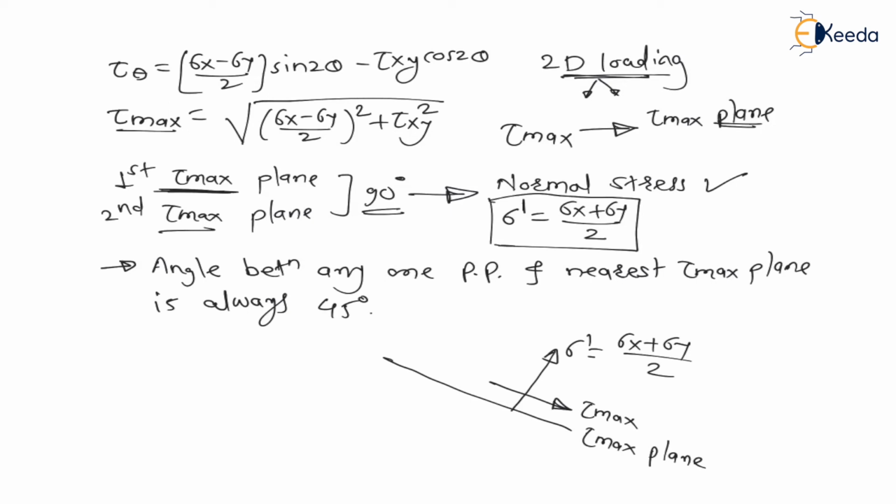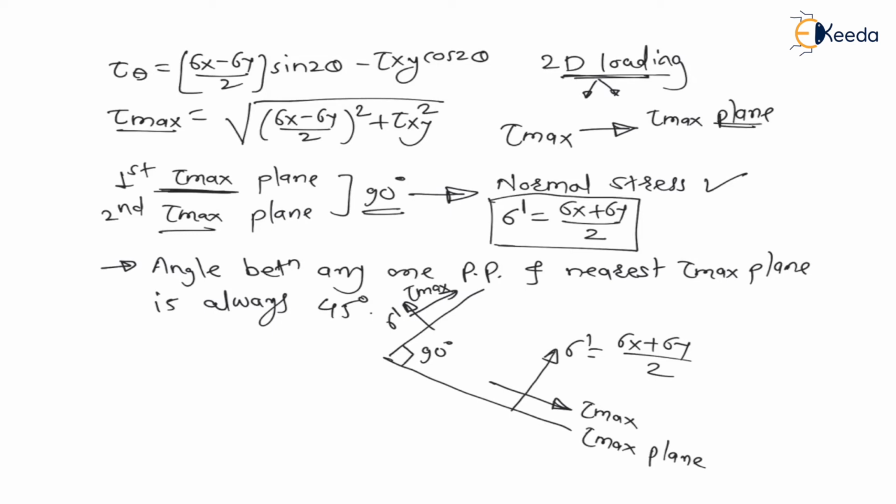And for 2D loading, there is one more tau max plane, separated by 90 degrees, and again on this plane the parallel stress is tau max and the normal stress is sigma dash. The angle between any principal plane and the nearest tau max plane is always 45 degrees.